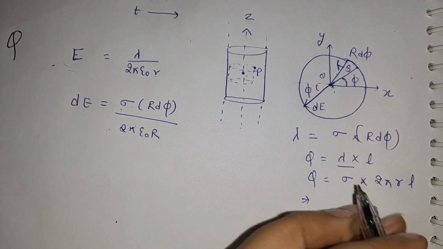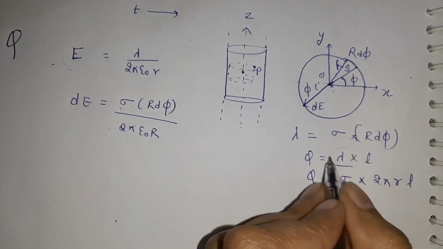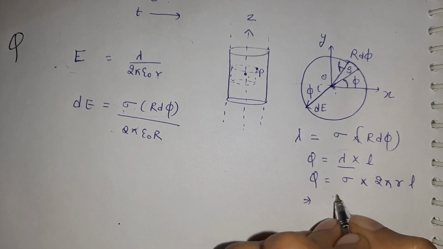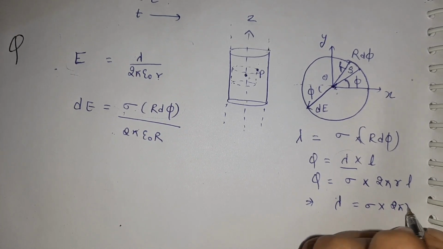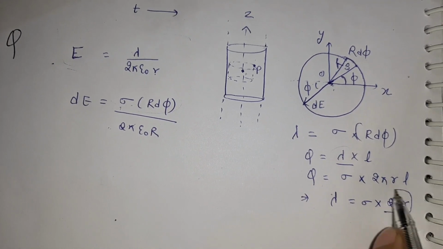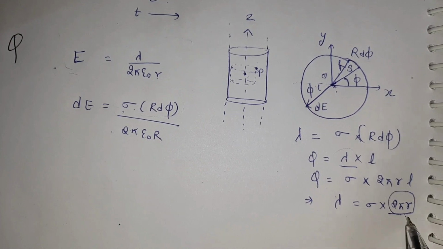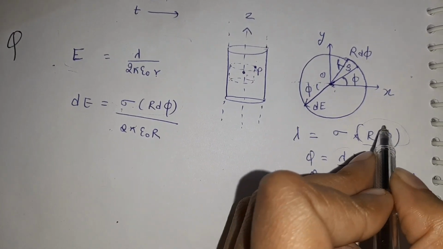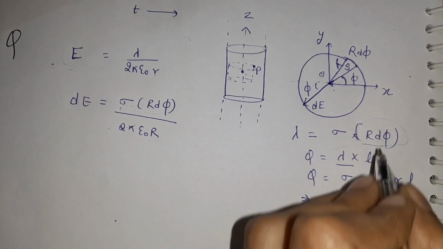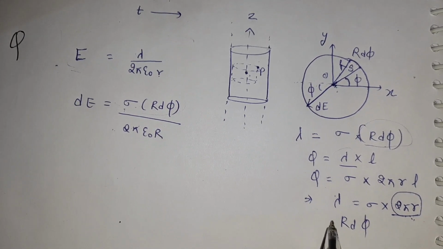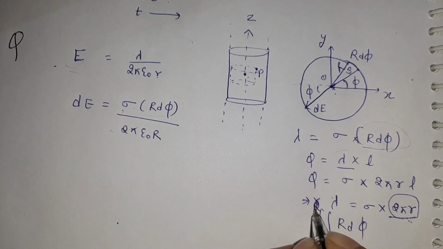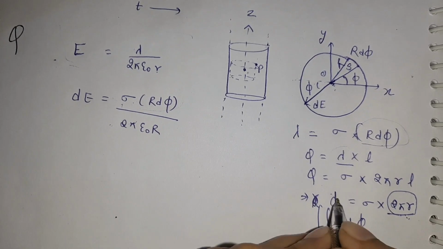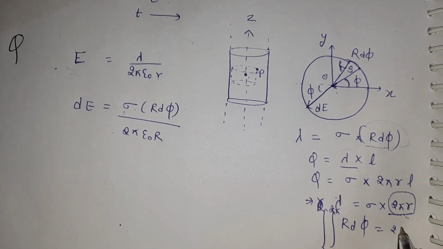So here we can see that sigma and lambda can be related as lambda equals sigma into 2 pi r. If we integrate r d phi from 0 to r and 0 to 2 pi, then we will get 2 pi r.